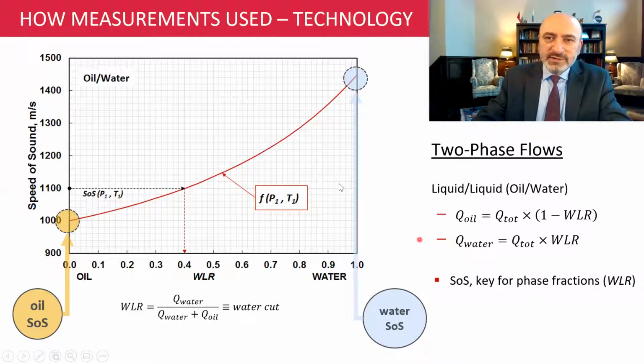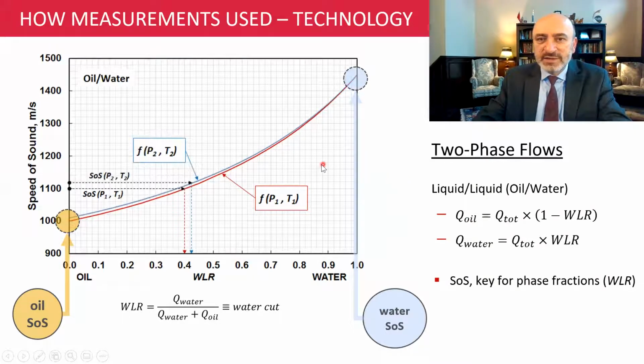Now, I mentioned that this curve is uniquely determined, but that is for a given pressure and temperature measurement at a specific time. At time T2, we may have a slightly different pressure and temperature, which also triggers a change in this curve as well, mostly because the oil speed of sound is a strong function of pressure and temperature.